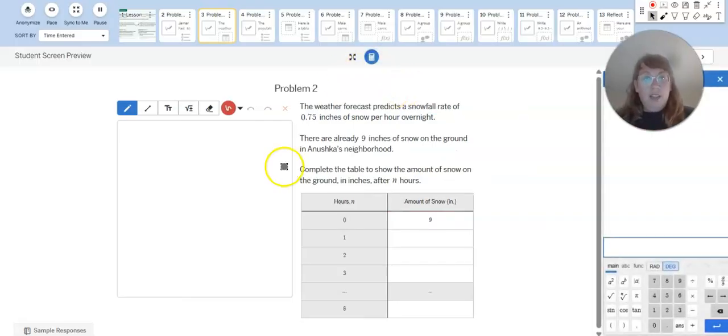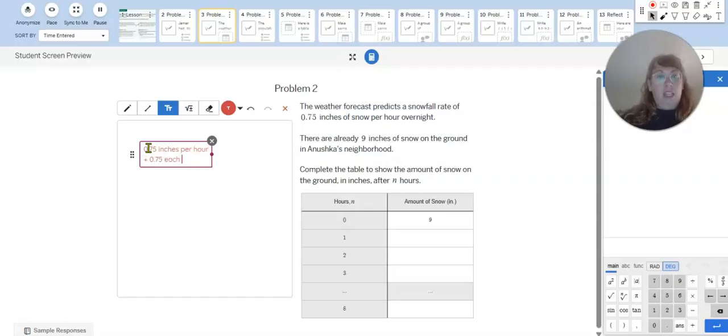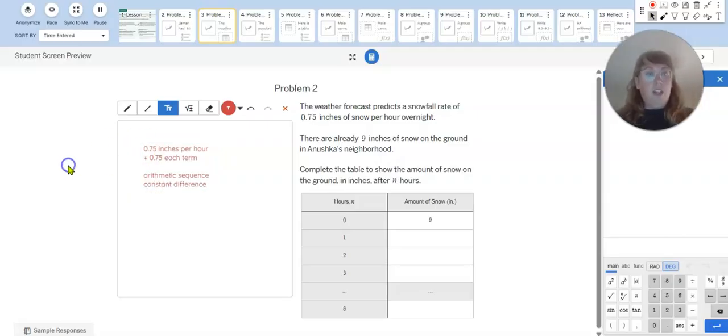Now, it tells us that it is 0.75 inches of snow per hour. So we're adding 0.75 each term. So this is an arithmetic sequence with a constant difference because we're using addition.